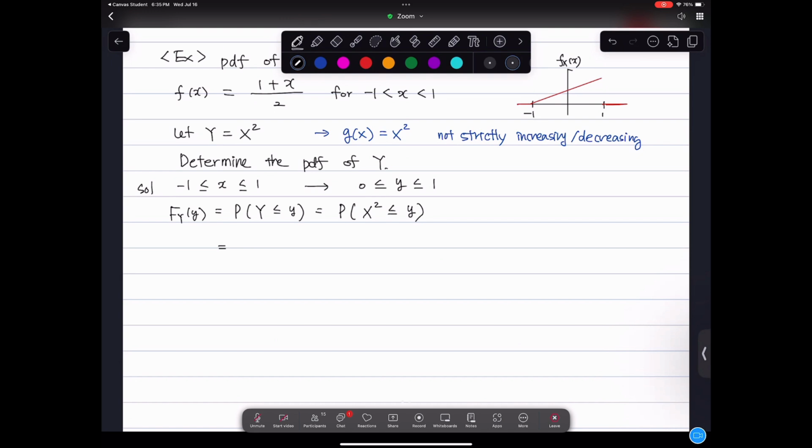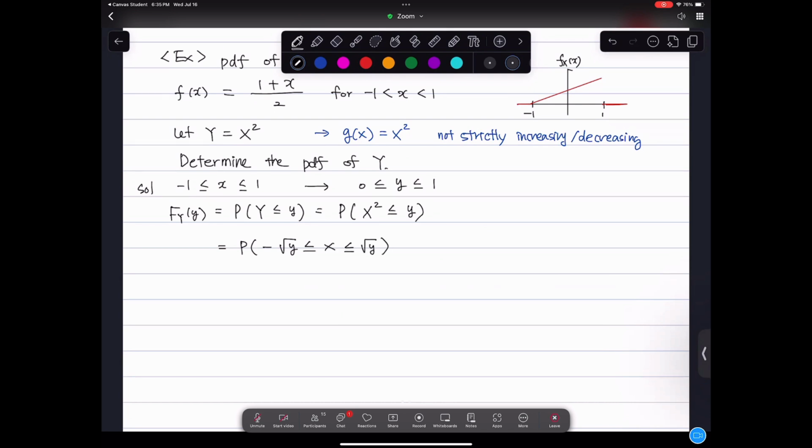Y is a positive number anyway, so it goes from negative square root of y to positive square root of y.